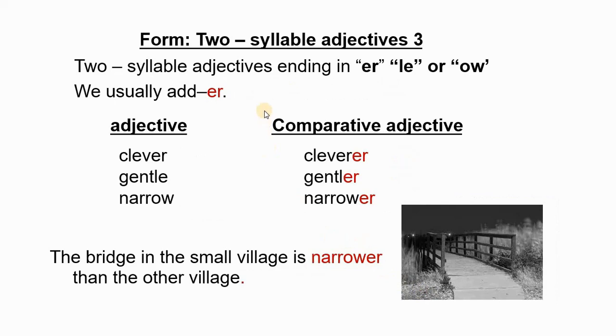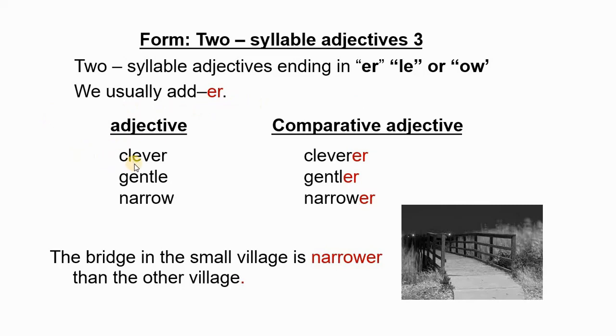So, the form for two-syllable adjectives number 3: two-syllable adjectives ending in ER, LE, or OW. These are exceptions, and for most of these adjectives, we usually add the letters ER.